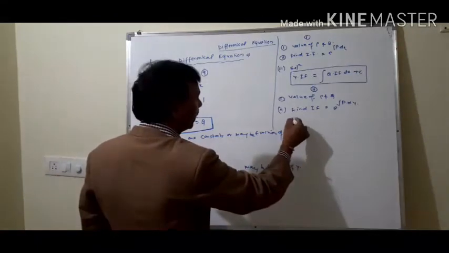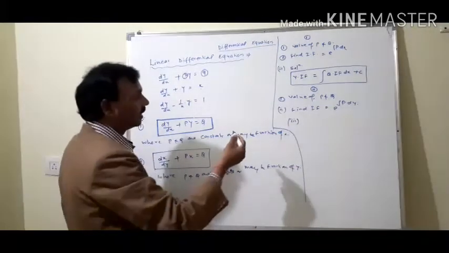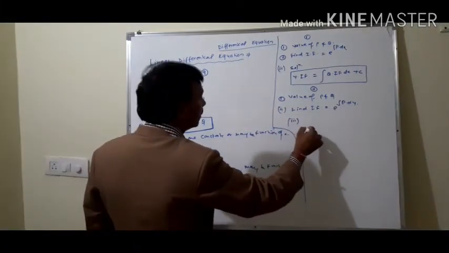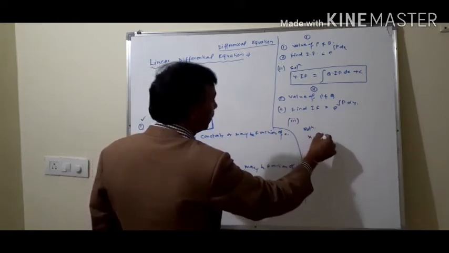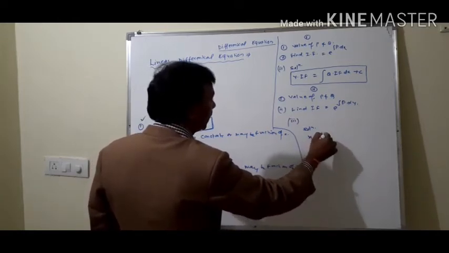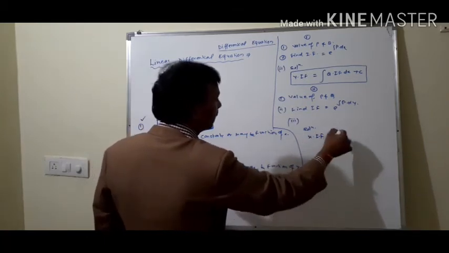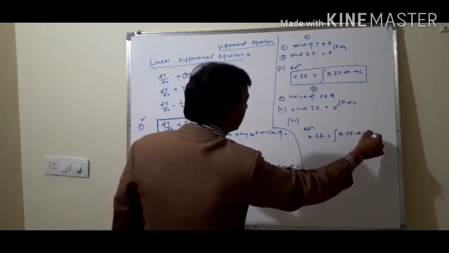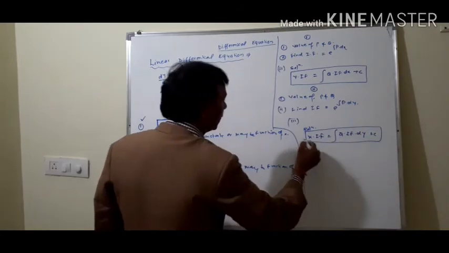In the third step, we calculate the general solution of this equation. The solution will be x into IF, that is x into the integrating factor, equal to integral of q into IF into dy plus c, where c is an arbitrary constant.